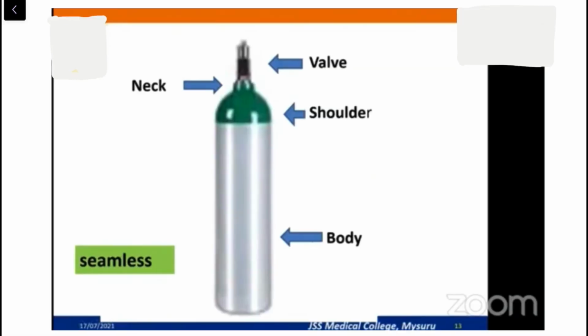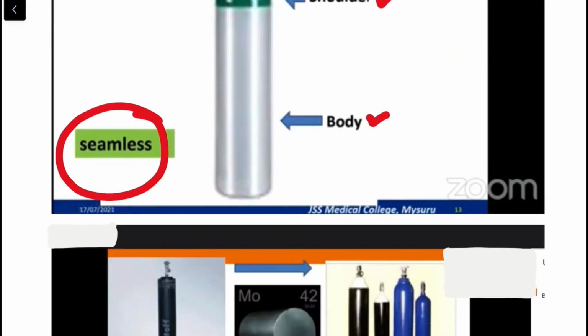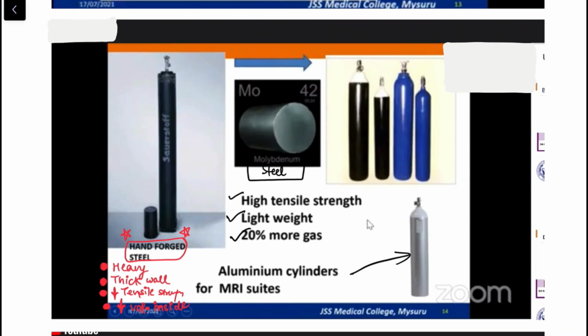The parts of the cylinder are the body, shoulder, valve, and neck. It has a seamless body. If we talk about the history of cylinders, it was earlier made of hand forged steel, which was heavy, with a thick wall.